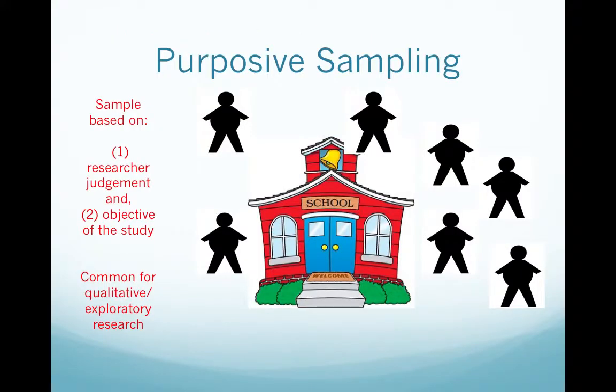In purposive sampling, the sample is usually based on the researcher's judgment and objective of the study. If the Baylor researchers were interested in selecting a sample of kids in their childhood obesity study in the Gulfton area of Houston and wanted to utilize purposive sampling, Baylor researchers might work with the school nurses to select kids for inclusion.